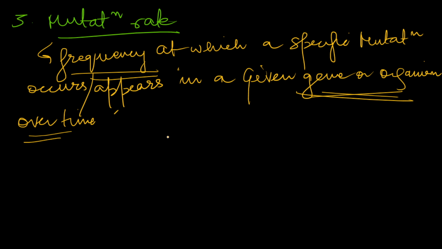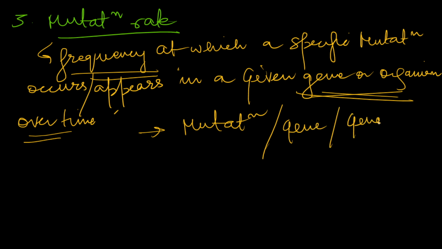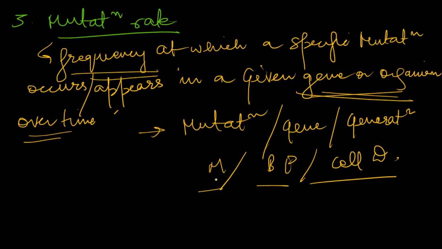It is generally expressed in two terms. The first one is the mutation per gene per generation, and another is the mutation per base pair per cell division. Okay, so these are the two things on which it can be expressed.